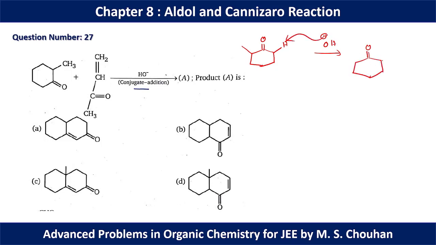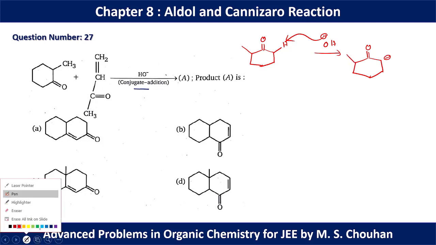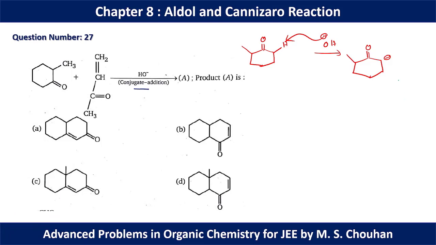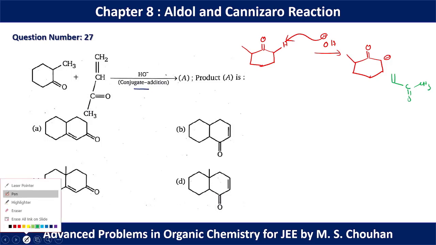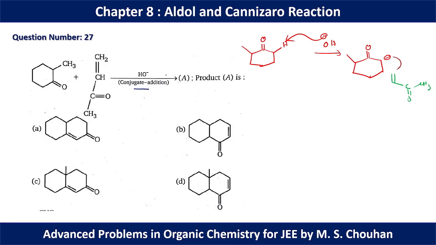So the initially formed carbanion will look like this. Now the second molecule, that is CH3, we have this kind of approach, this negative. So here the final product will look like this.